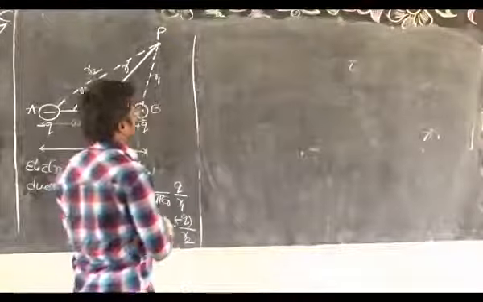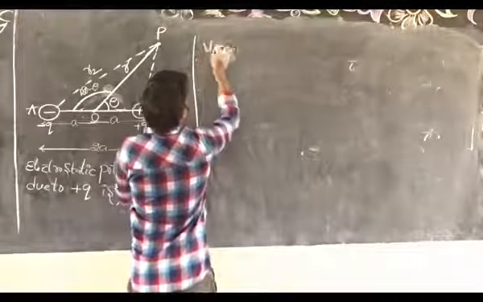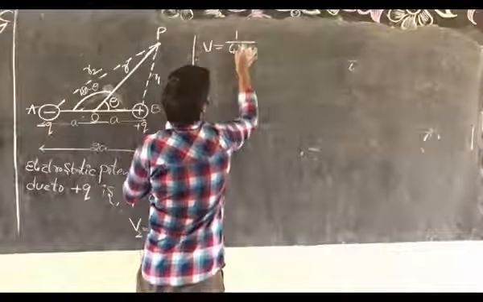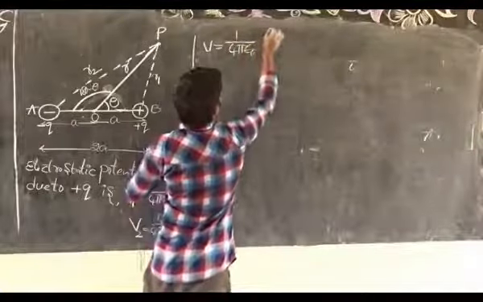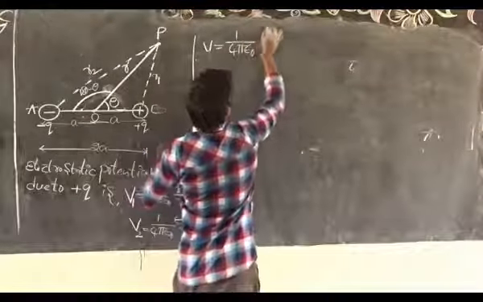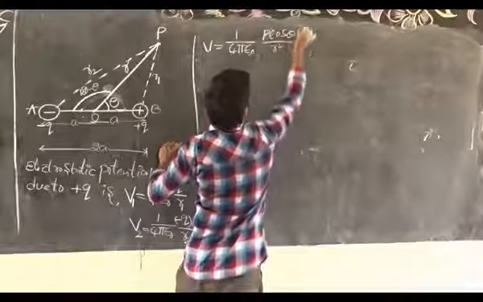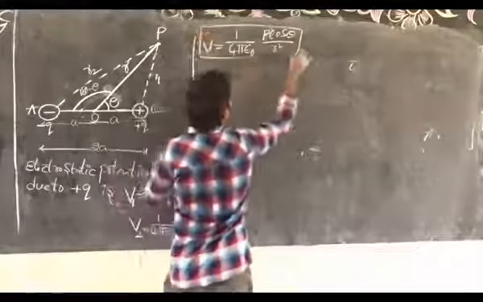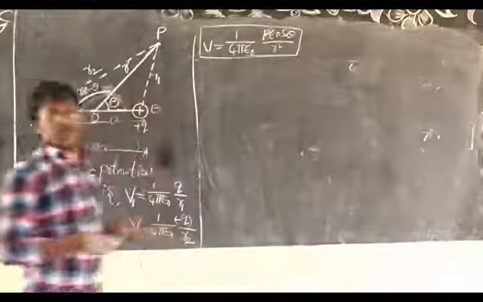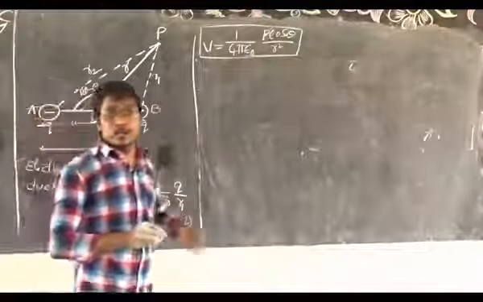Now the electrostatic potential due to the dipole is V equal to 1 by 4 pi epsilon naught into P cos theta by r square. This is the expression of electrostatic potential due to a dipole.